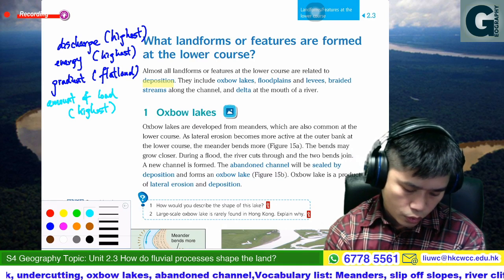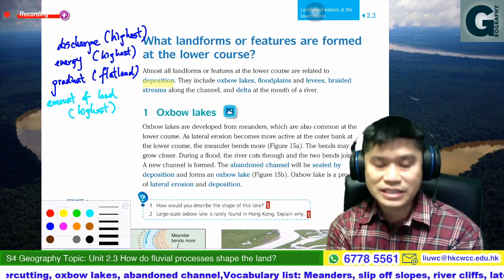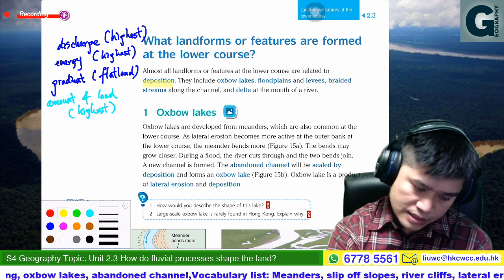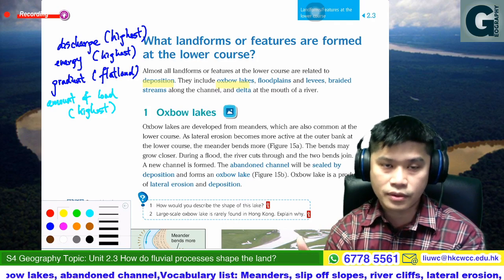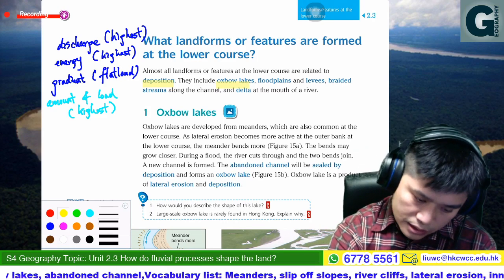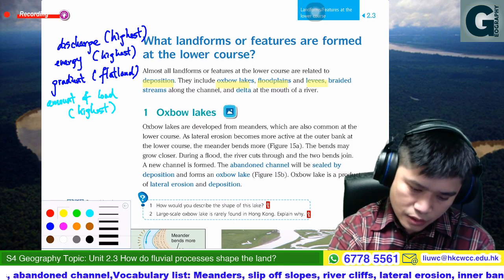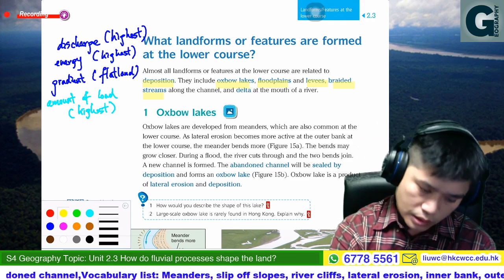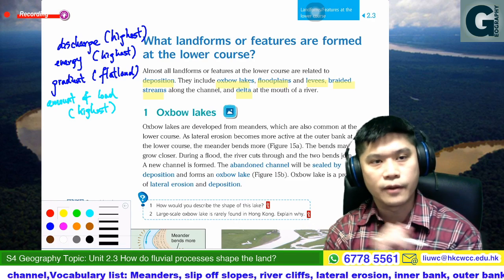So what landscapes could be found in the lower course? Here are some examples, such as Oxbow Lake, which we will explain today, and then floodplains, levees, braided streams, and also the delta at the mouth of the river.